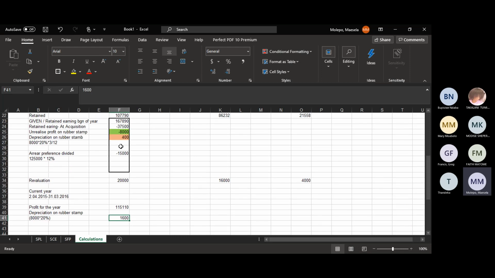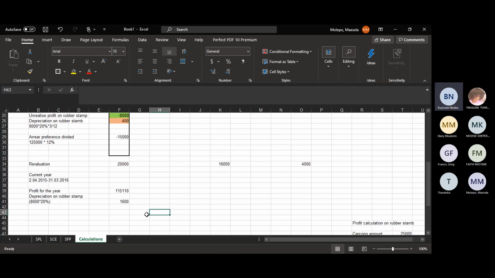The reason being, we are trying to realize the profit we made as a result of selling the asset to our parent, which in this case is SIA. But for the purpose of this class to understand, we use Tandeka as our parent. So are we all happy here? Yes. Okay. Then the rubber stamp, we are done with it.